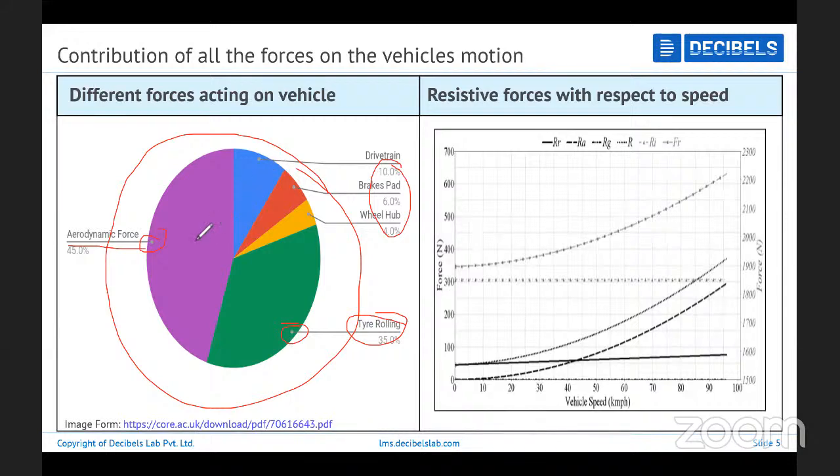You might be thinking that aerodynamic force is contributing a higher percentage compared to the others. What factors are affecting it so that it contributes such a high number with respect to all the forces, we'll look into it.